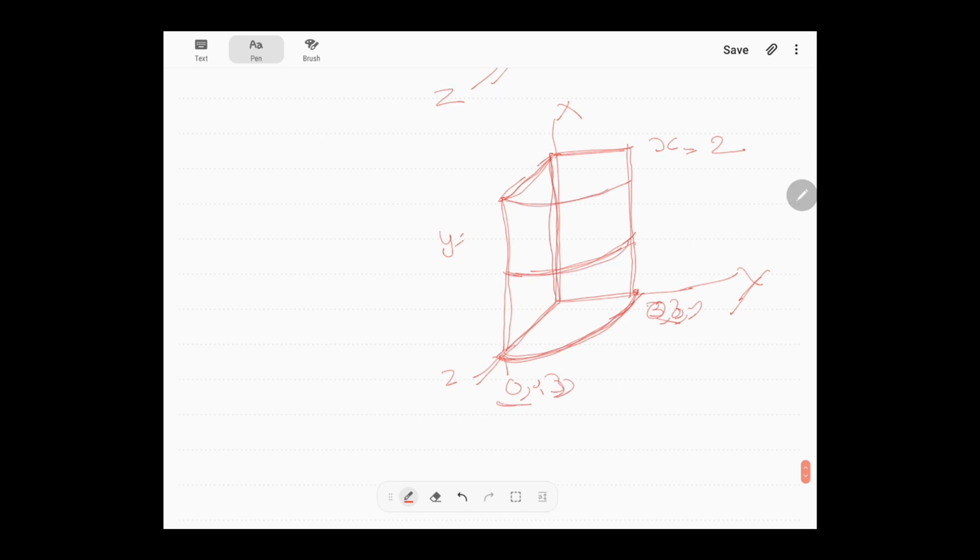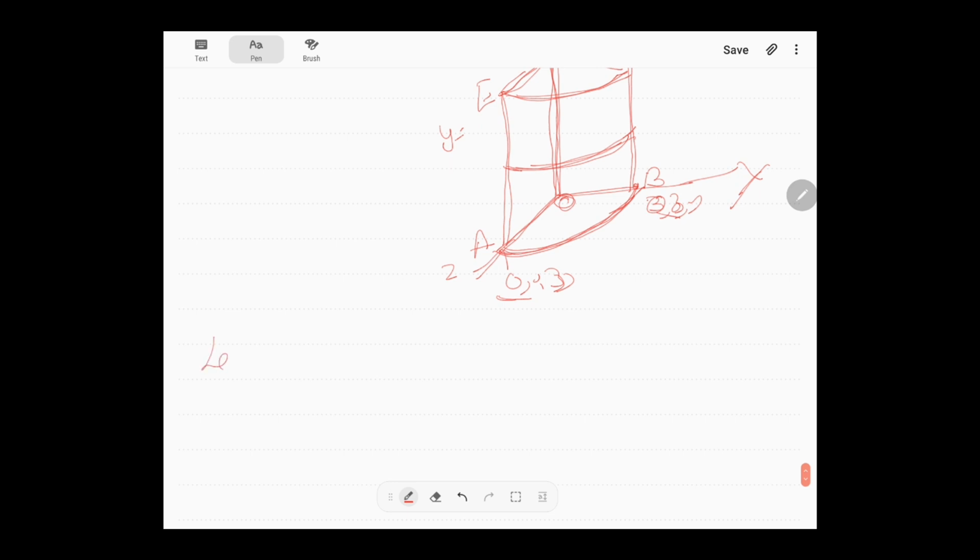Now this is the surface. Sorry, now I rename it O, A, B, C, D, E. So it is the surface.